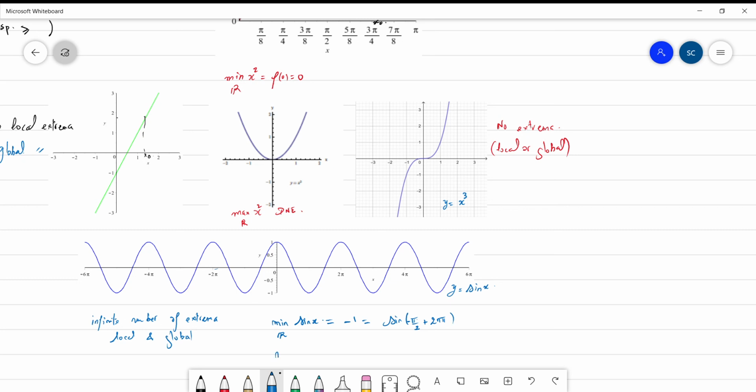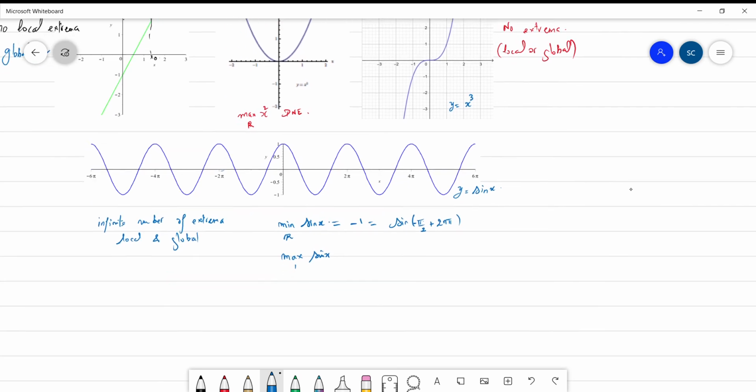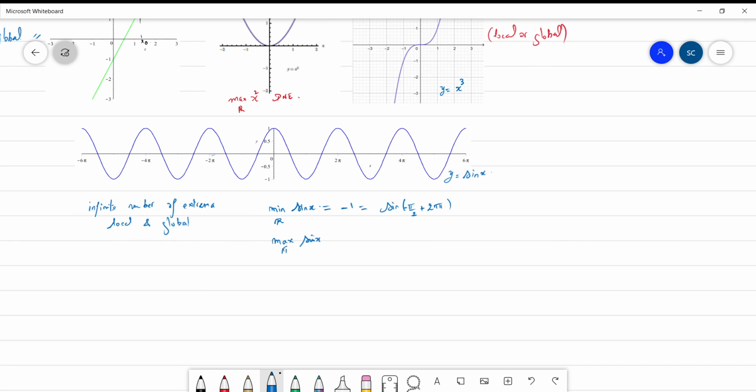The maximum of sine x over R is 1, attained at points like angle pi over 2. But wait, this is not the sine function, it's the cosine function. I thought it was the sine function. No problem, we will correct this.